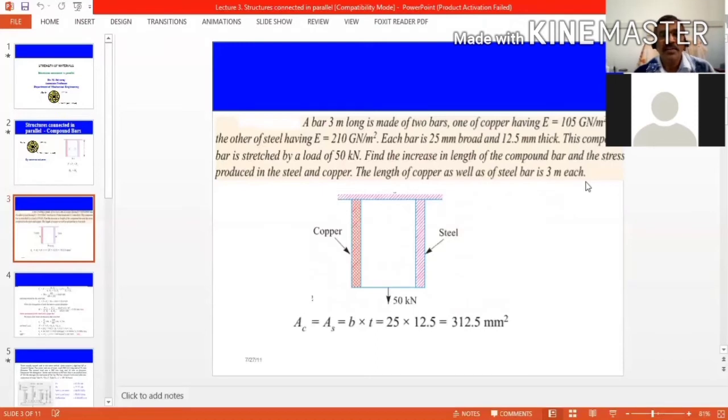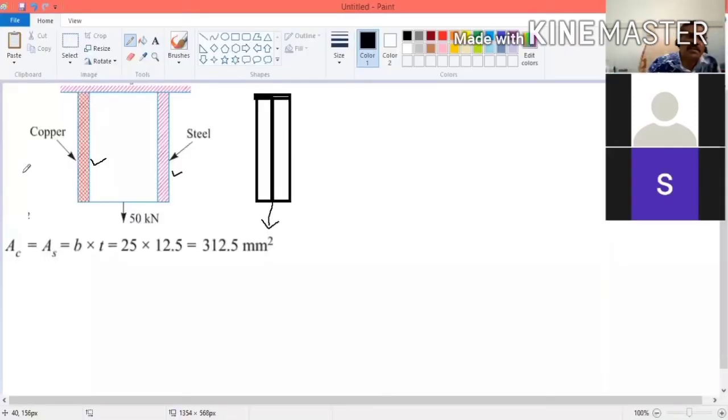Now we need to solve this, right? Modulus of copper is given as 105 GN/m². What is N/m²? Pascal. That is gigapascal, 105 GPa. If you want to convert 105 GPa into N/mm², what do we have to do? 105 into 10 power 3 N/mm².